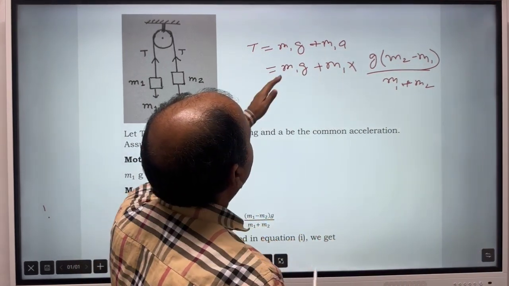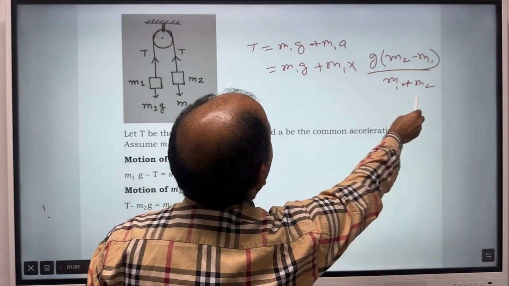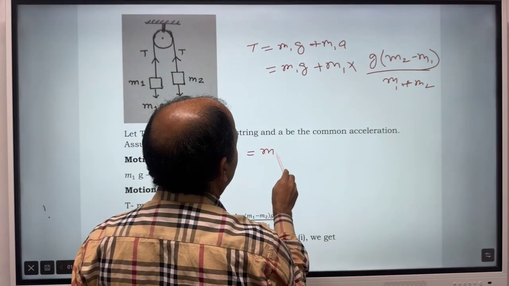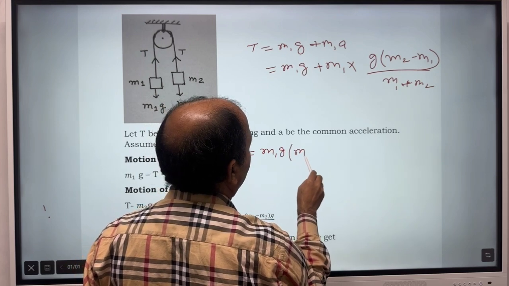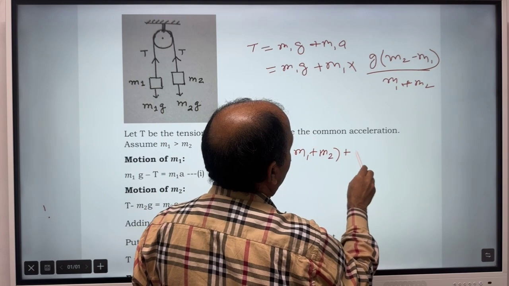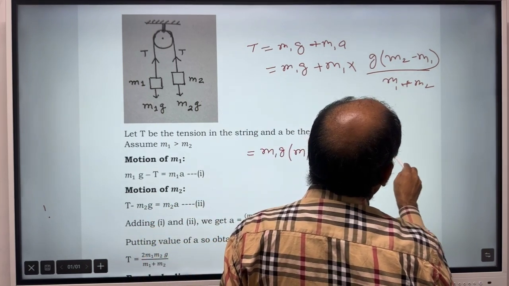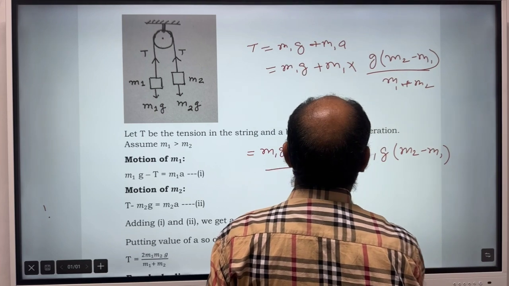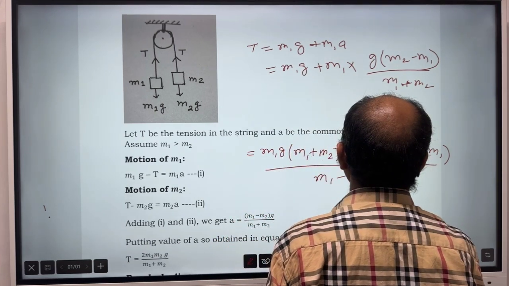If you simplify it further, what do you get? (m1 plus m2) will get multiplied to this. So we will get m1g times (m1 plus m2) plus m1 times g times (m2 minus m1), whole divided by (m1 plus m2).